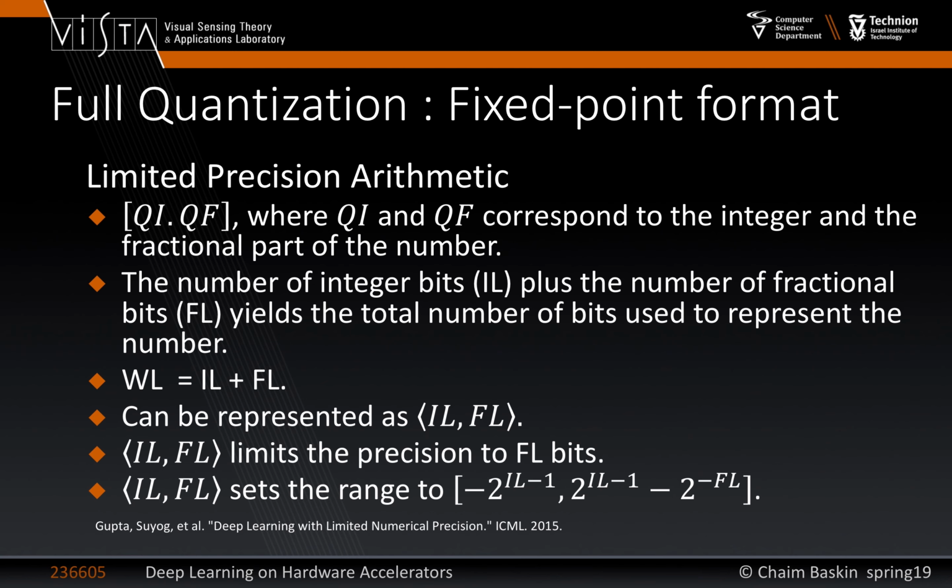So this way we take our parameters and convert them to an integer representation. It depends on the precision that you want to get. So if you have 8 bits, we divide it up to a maximum of 2 to the power 8.